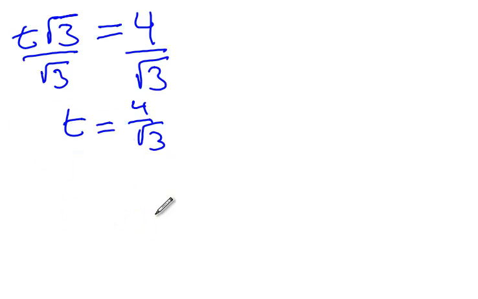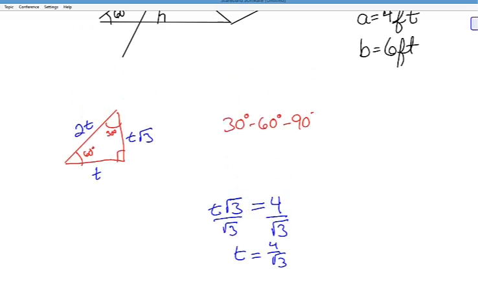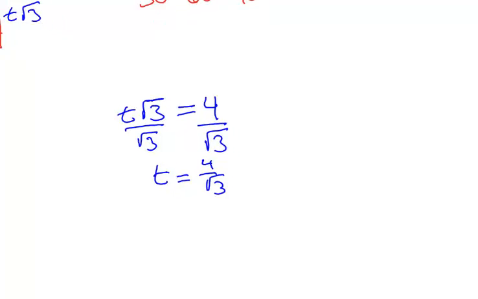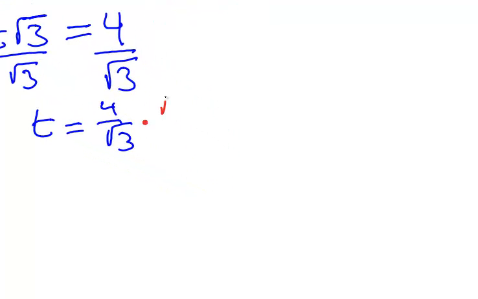I never want to leave a radical in the denominator, so I want to rationalize my denominator. To rationalize the denominator, I multiply the numerator and the denominator by that radical.